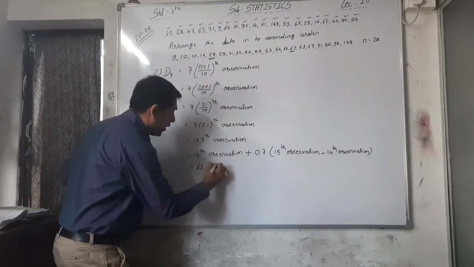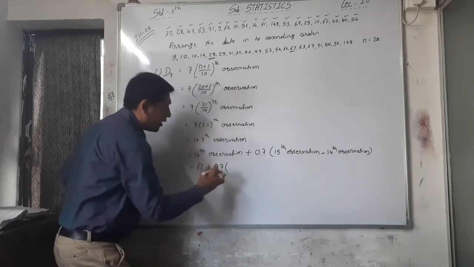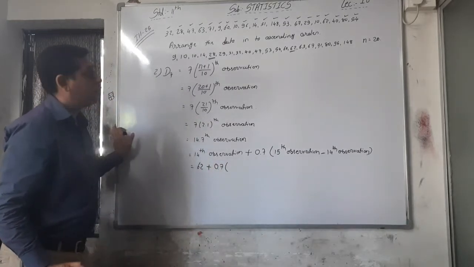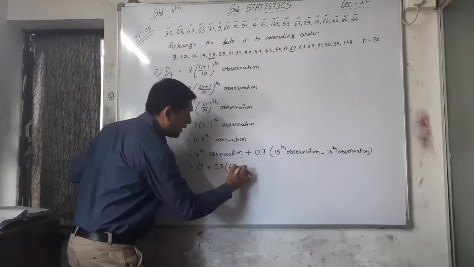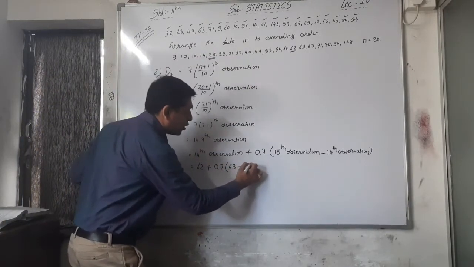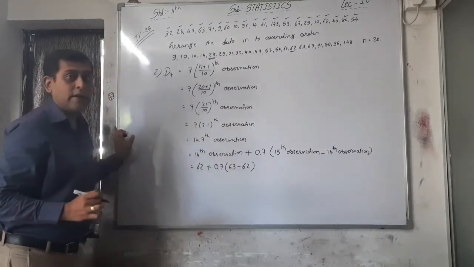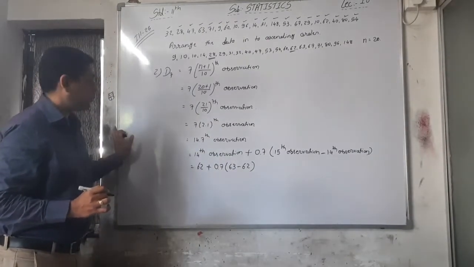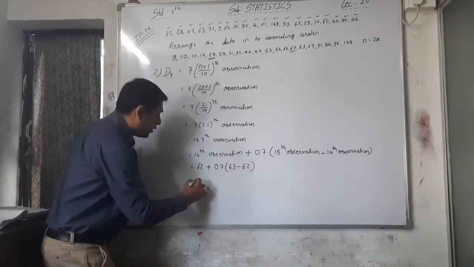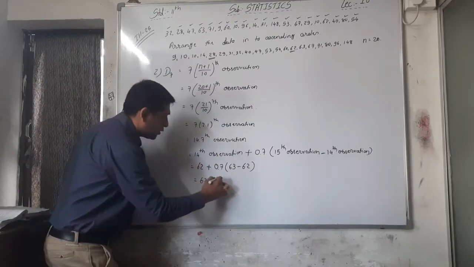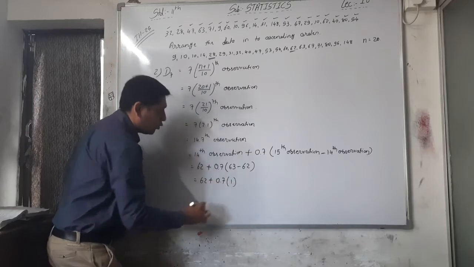So 62 plus 0.7 into bracket 15. The next one is 15, that is 63. 63 minus the original 14th, that is 62. 63 minus 62, that is the 15th observation minus the 14th observation. 62 plus 0.7 into 1.